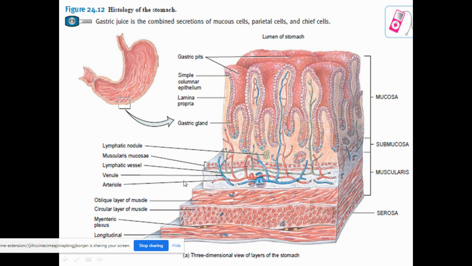The submucosal region is made up of blood vessels, lymphatic systems, and connective tissues. There are several different kinds of cells present in the mucosa which secrete different kinds of juices and secretions. The cells are arranged like this, and these are the gastric glands. The gastric glands contain different types of cells, which you can see as differently colored.